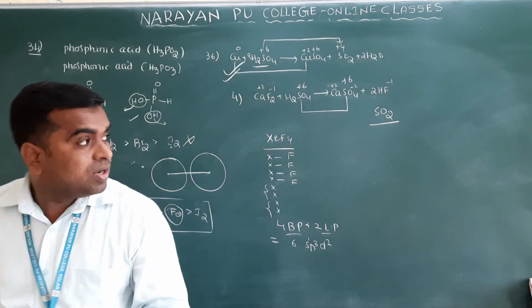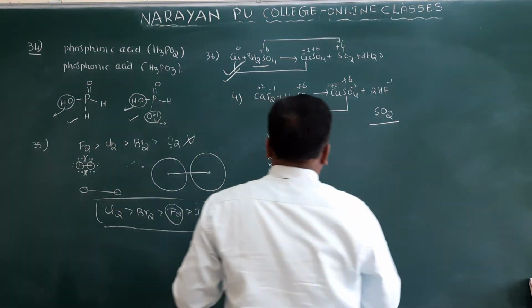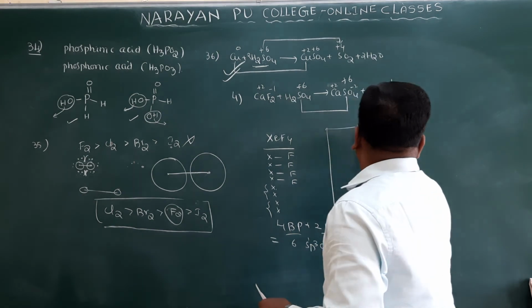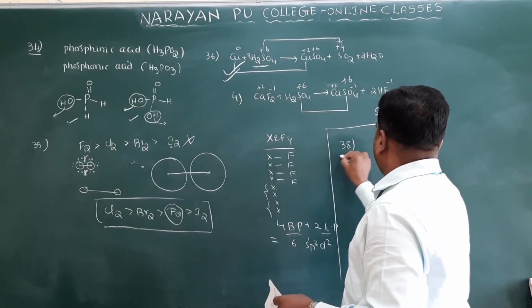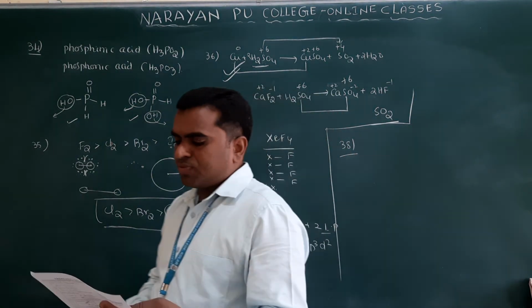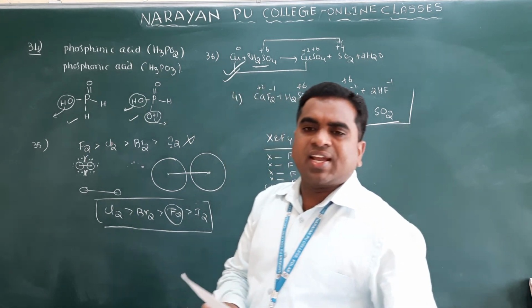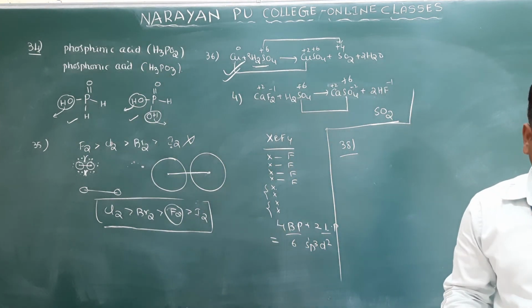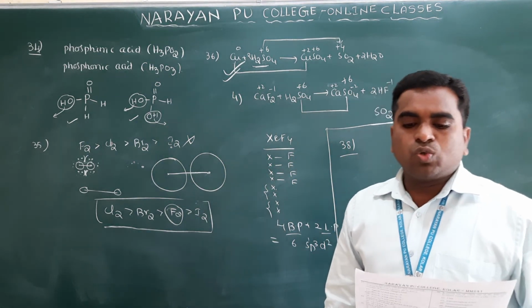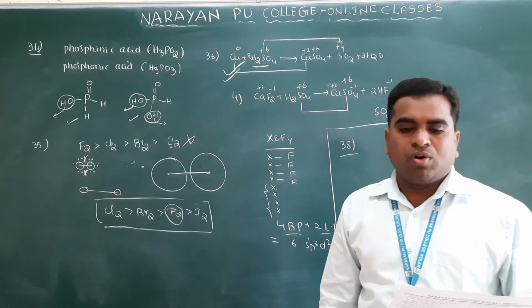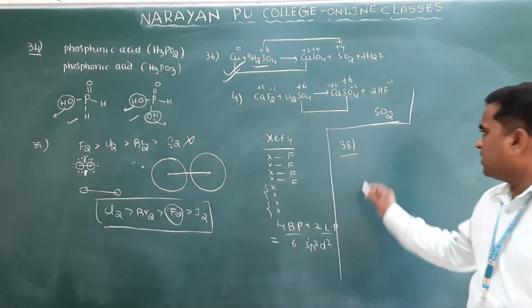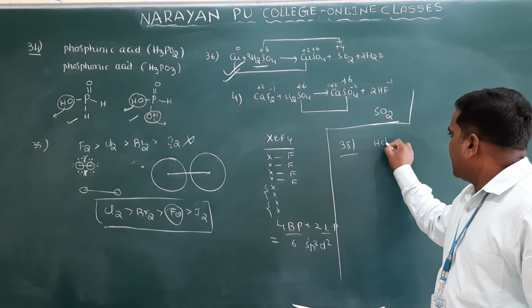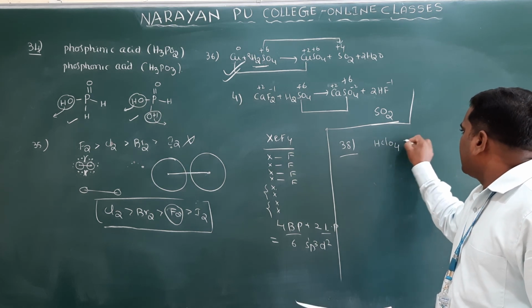Clear? Next one. Coming to question number 38. Which of the following given below is incorrect? Incorrect one you have to identify. Cl2O7 is an anhydride of perchloric acid. Perchloric acid means what? HClO4.